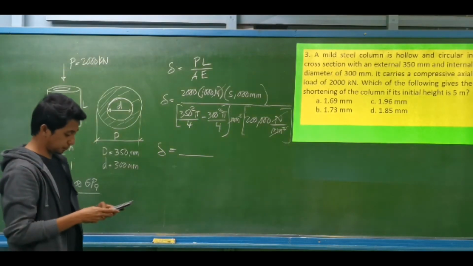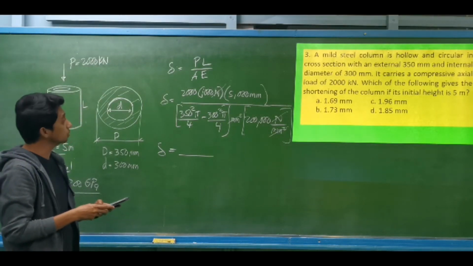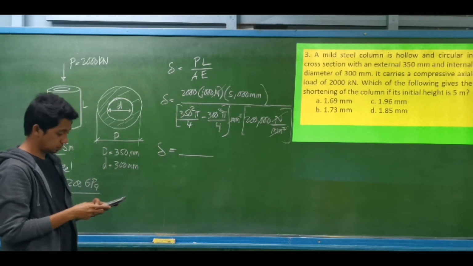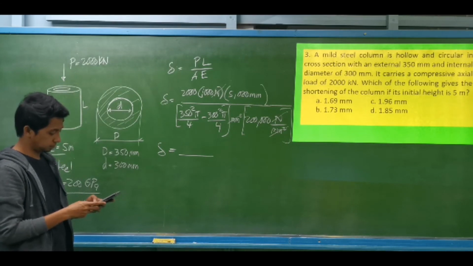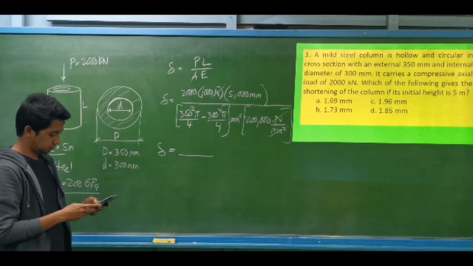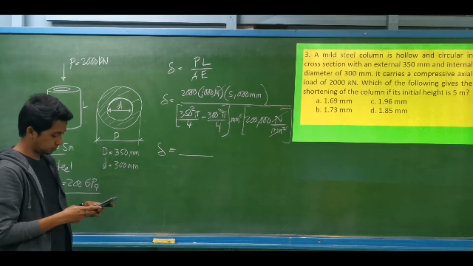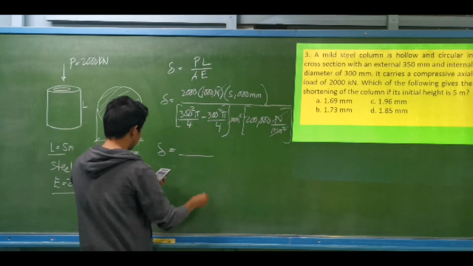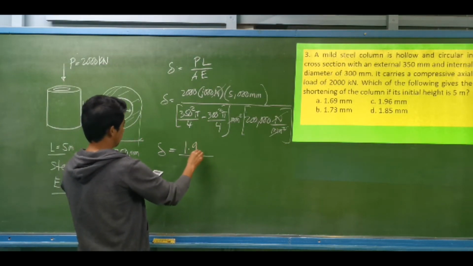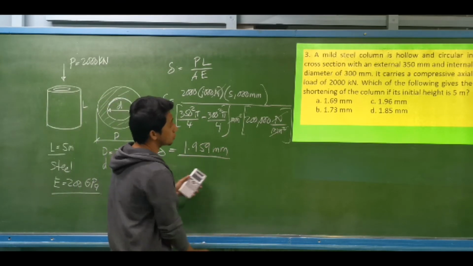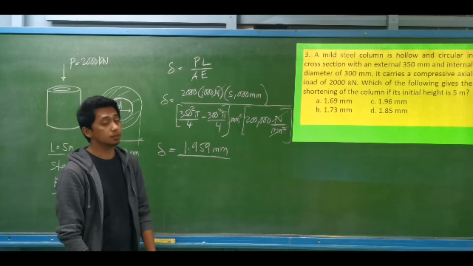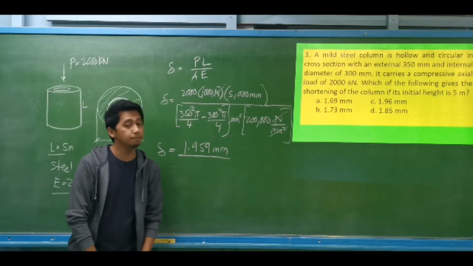We have 2000 kilonewtons, and the result is 1.959 millimeters. On our choices, we have it as 1.96 mm. So our answer will be letter C.